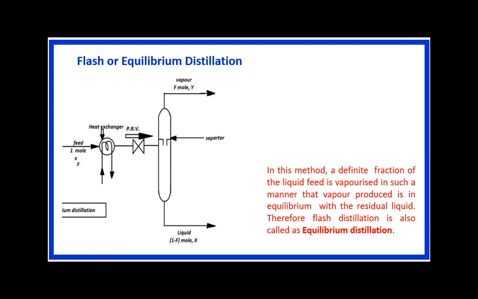So in this case you can understand that more volatile components are there in the vapor phase, that is on the top of the column, because they have the lower boiling points, and if the lower boiling point is reached first, so obviously the MVC rich components are separated on the top side.